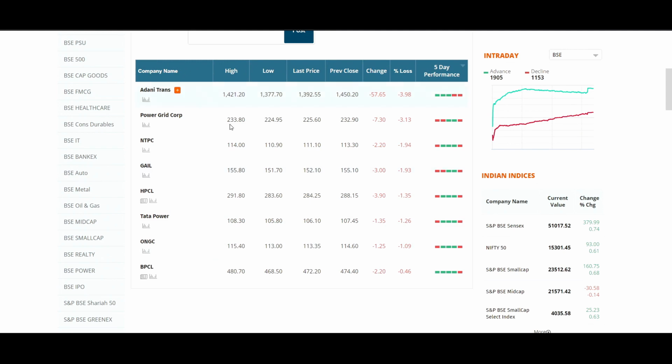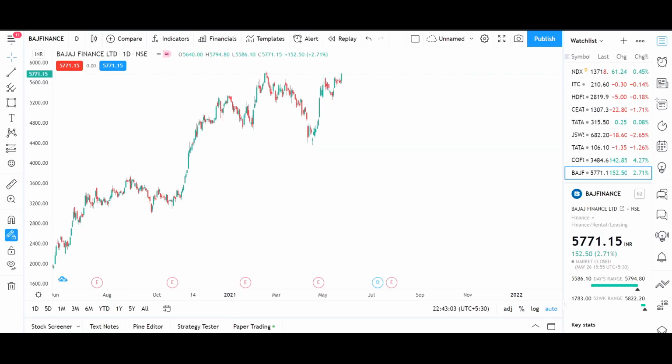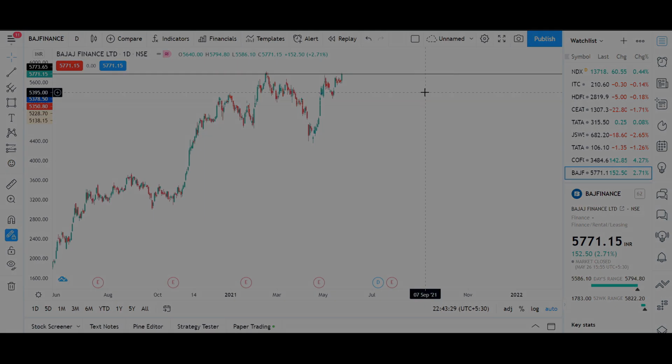I understand a lot of you guys don't have that kind of time to go through every single stock from every single sector. That's why first you have to shortlist the sectors, under bearish and bullish. Then you have to see which sector was the most bearish and which sector was the most bullish, and accordingly select the stocks from it.